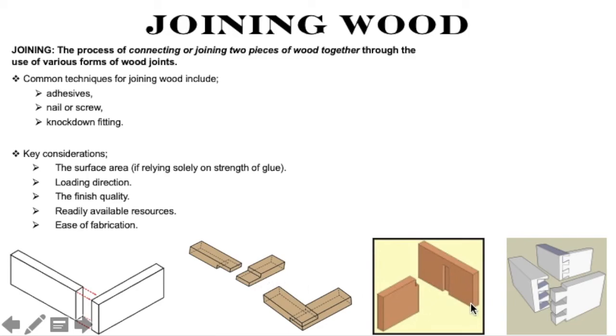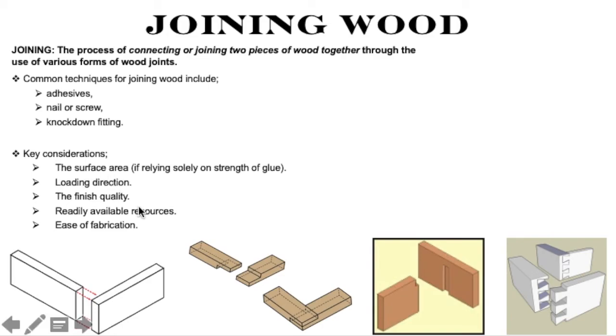Similarly, if you were to apply the glue on many other types like the housing joint or the dovetail. So the more surface area you have, the stronger the joint will be. That's why I was saying surface area is important, but only if you're relying on that, because there are additional ways to increase strength if you don't only rely on glue.